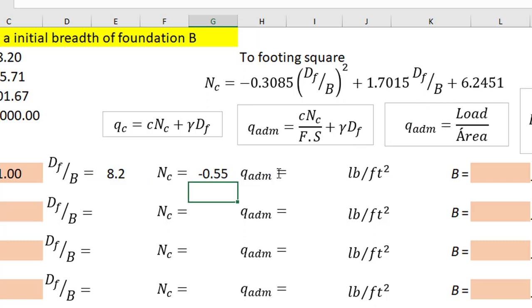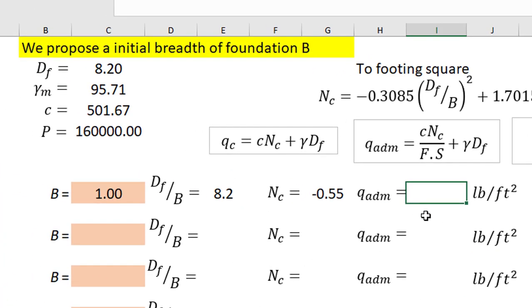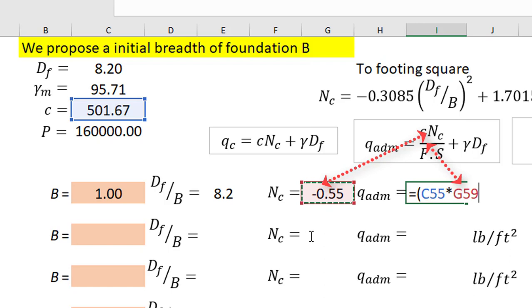The admissible bearing capacity is equal to the cohesion by NC factor between a security factor.